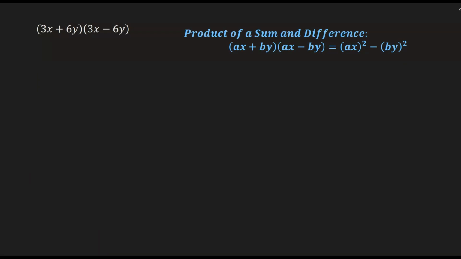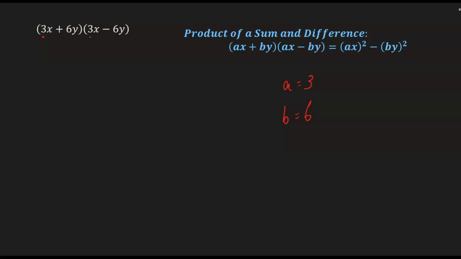In my last example, I have an example that fits the pattern of (ax + by) multiplied by (ax - by), another product of a sum and difference. So we can establish that our a is 3, it's multiplied by x, and our b is 6, it's multiplied by y.